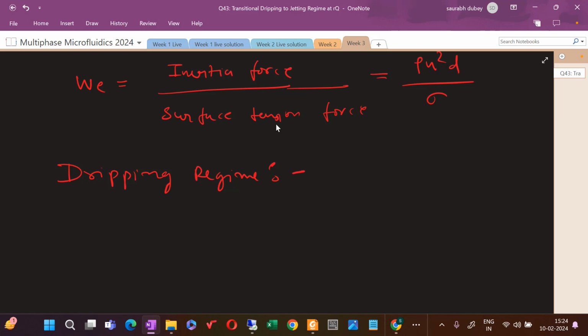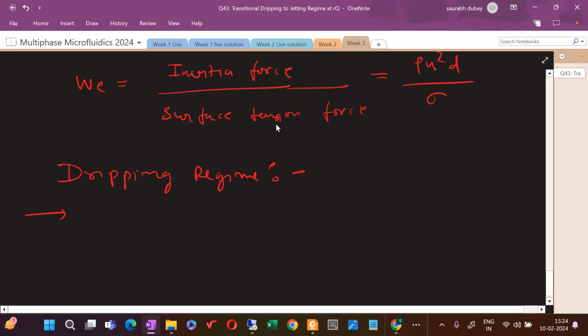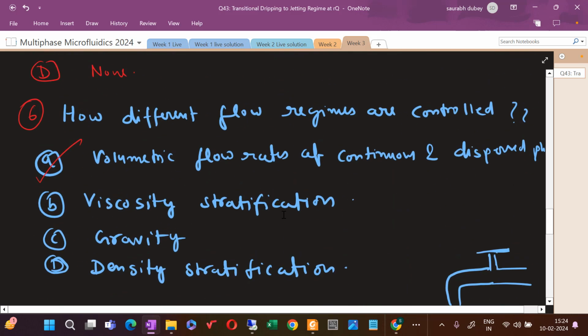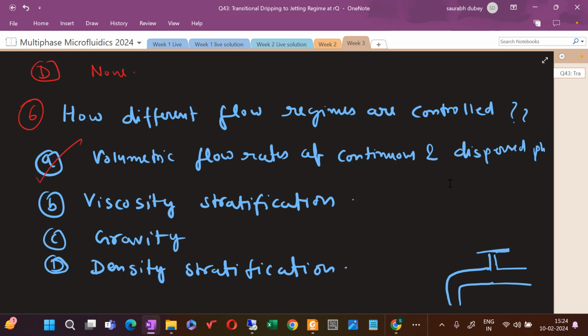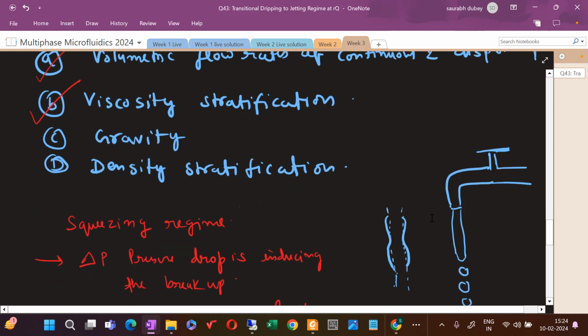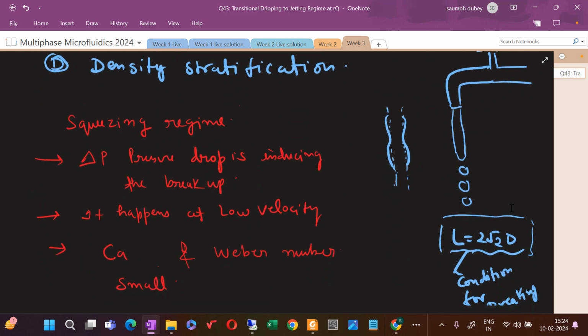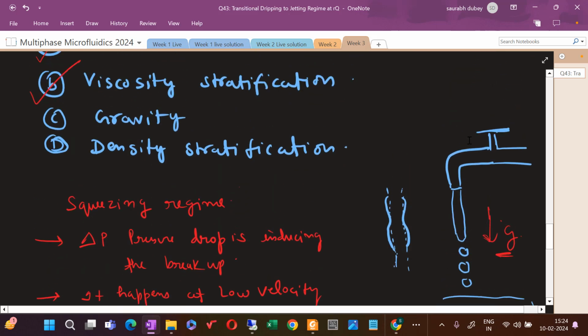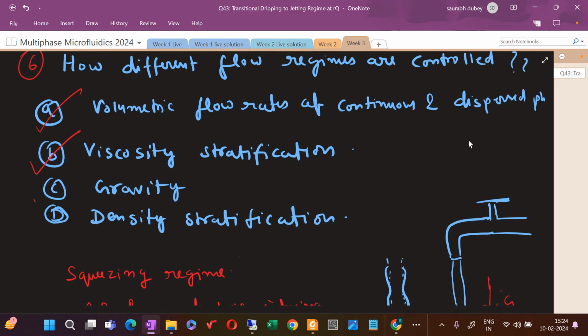Shear stress means viscosity comes into the picture, so viscosity is another factor controlling the flow. And then gravity: G is acting here, so G definitely has some role in deciding the length scale.